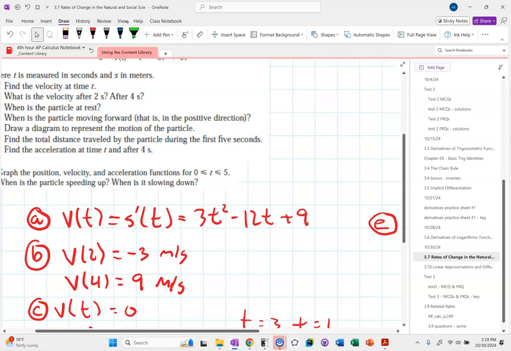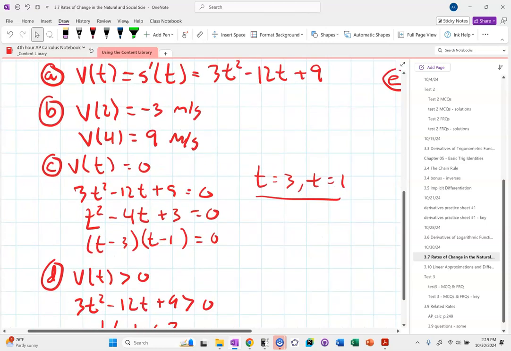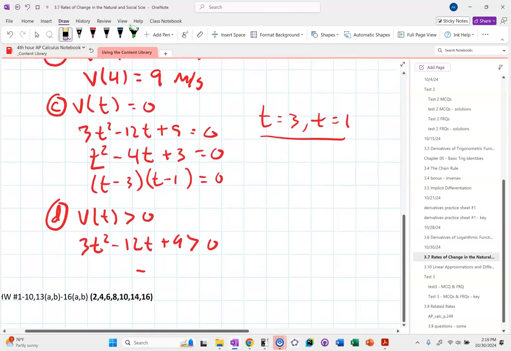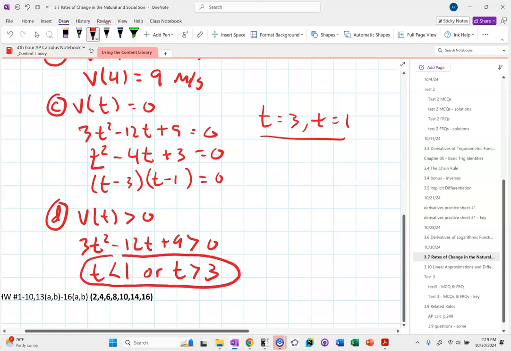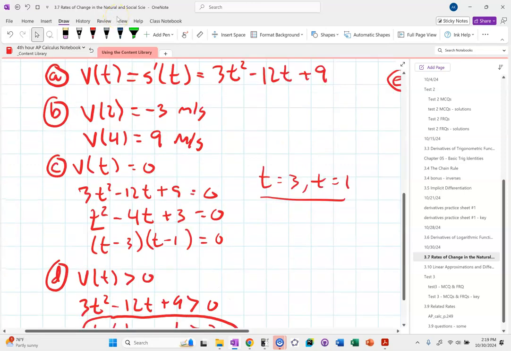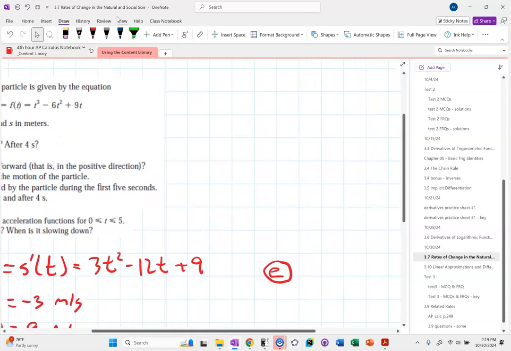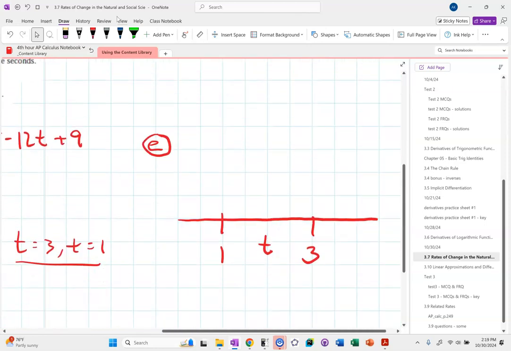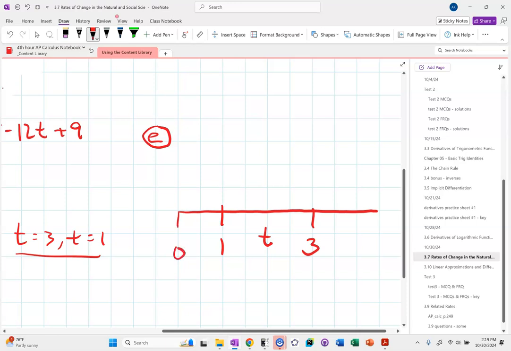Wouldn't that be like moving in the negative? Oh, thank you. Yeah, we have it the other way. You're right. Absolutely. Okay. The next one asks us to draw a diagram to represent the particle's motion.